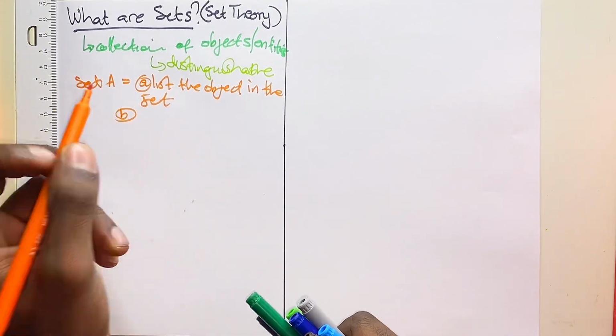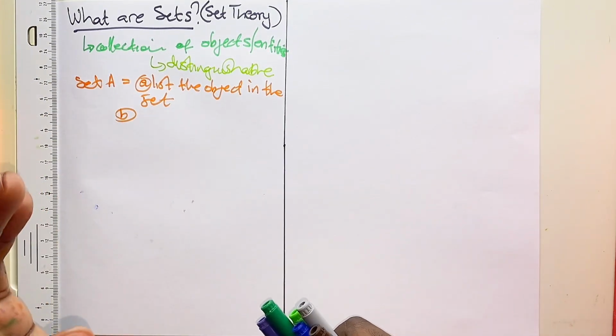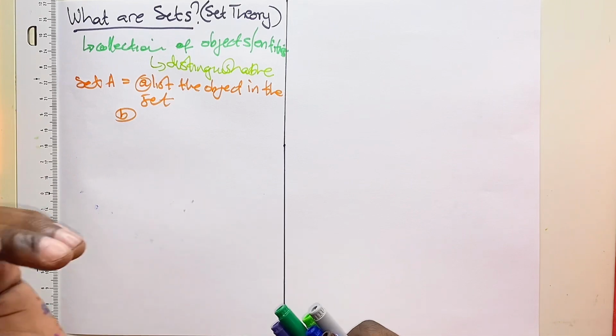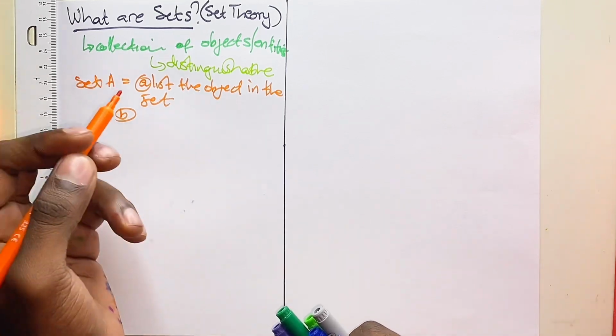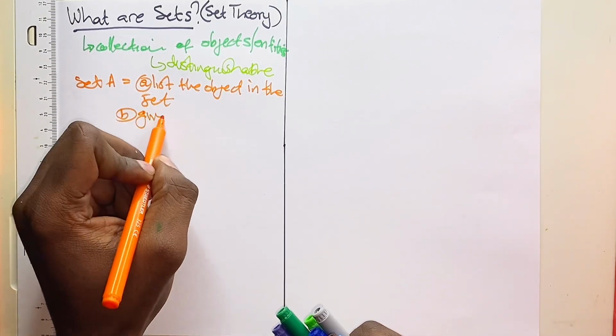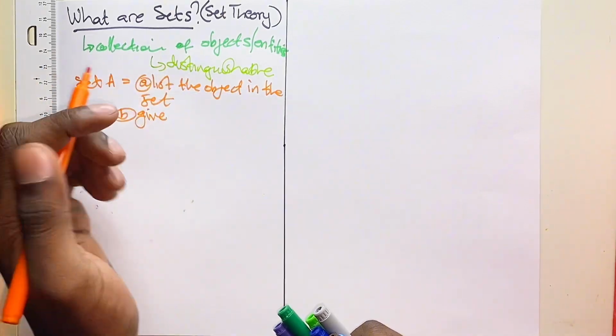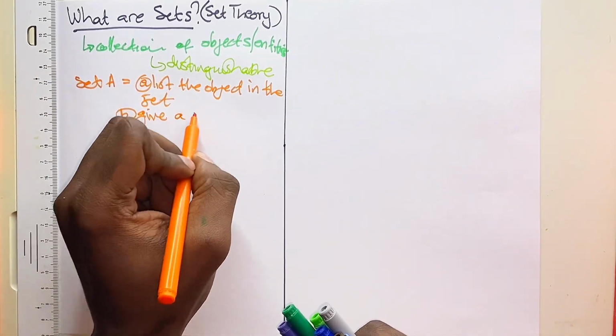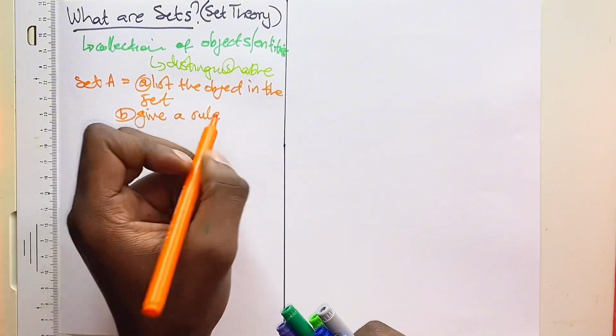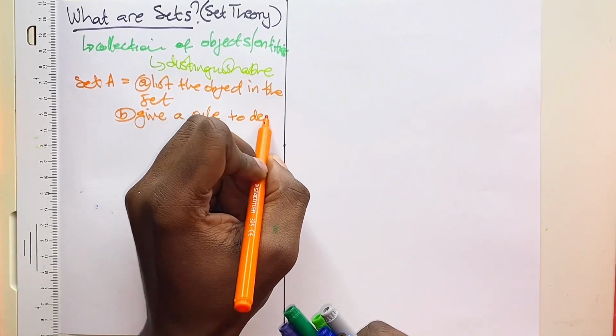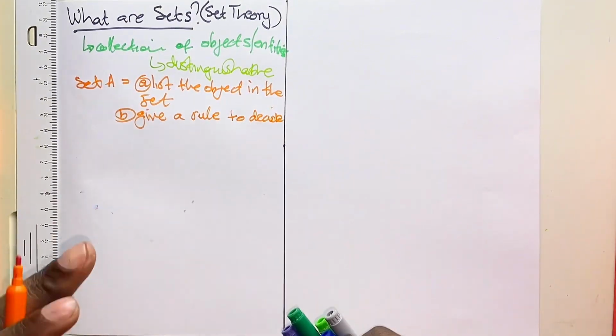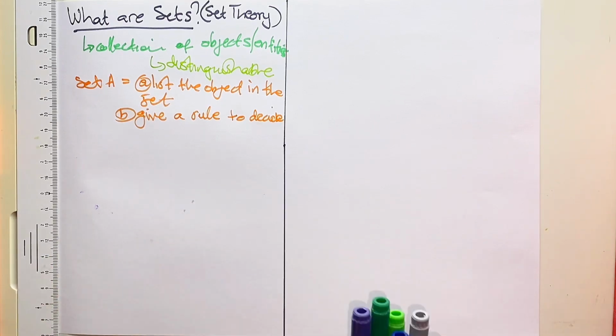Also, for me to say I have set A, if I cannot list the objects, I must be able to give a rule by which I can decide if a certain object belongs to my set.